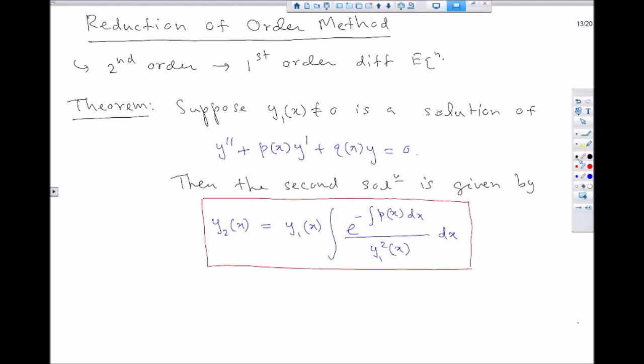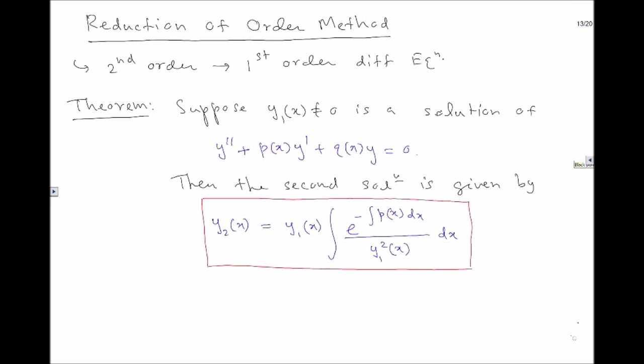And further, that's an interesting fact, you can see that those two solutions are linearly independent.